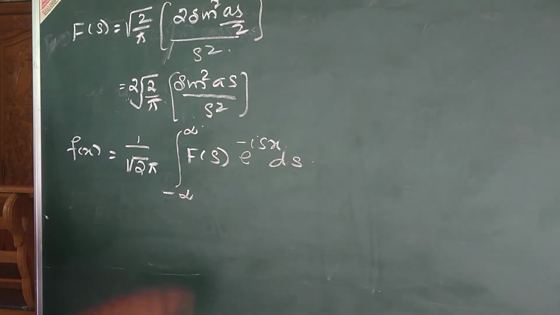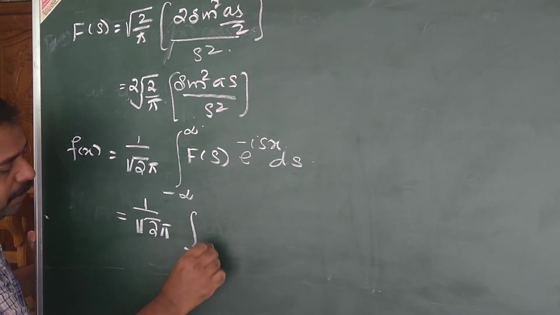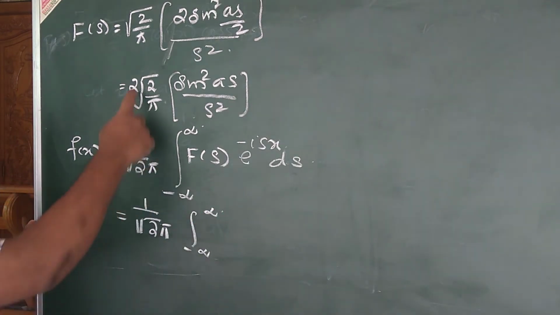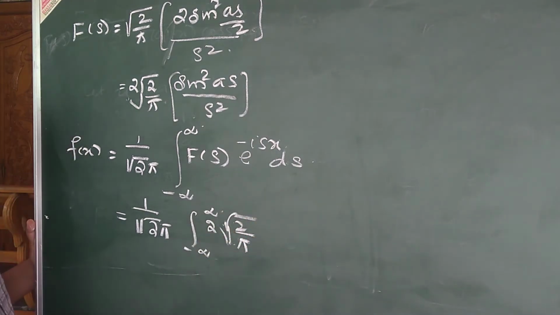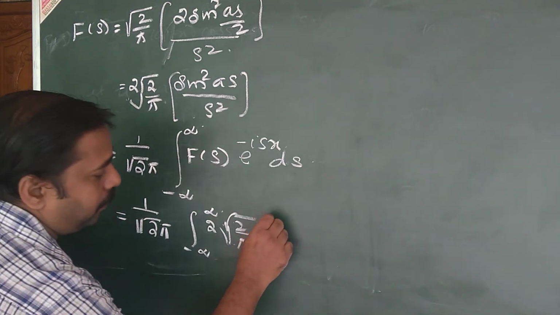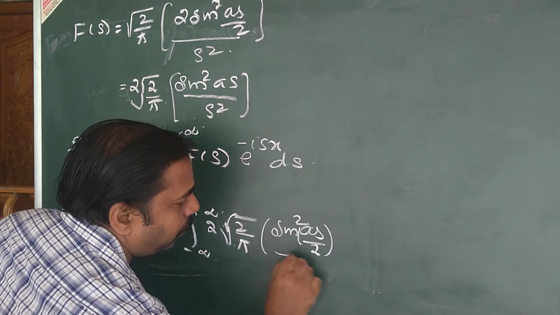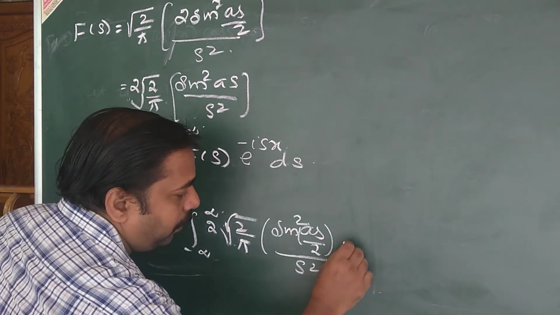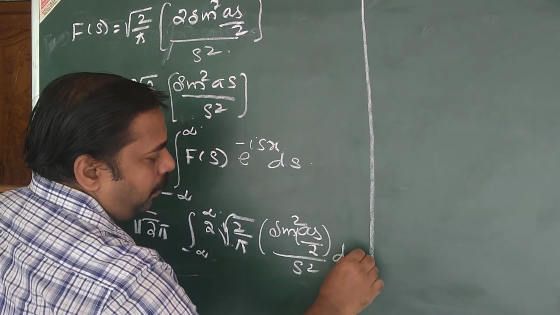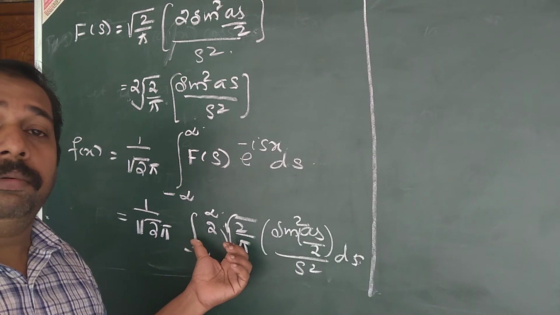Now we can substitute the values, because f of s is equal to this value. So that is 1 by root 2 pi integral minus infinity to infinity of f of s, that is 2 root 2 by pi, then sin square as by 2 whole divided by s square, ds. Don't integrate this one; we need the value with the integral sign.